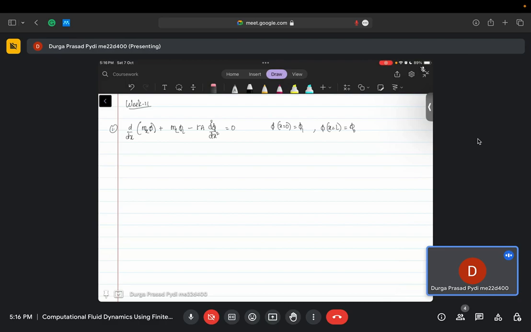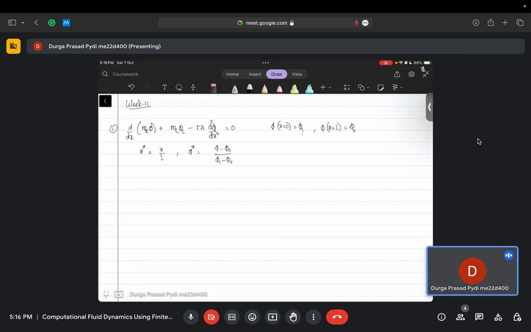These are the boundary conditions. So we can write x star as x by L, and we can non-dimensionalize phi with respect to phi 1 and phi 0. So we can write phi star as phi minus phi 0 by phi 1 minus phi 0.